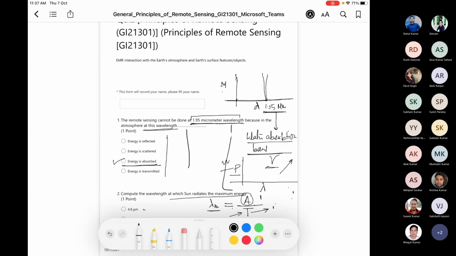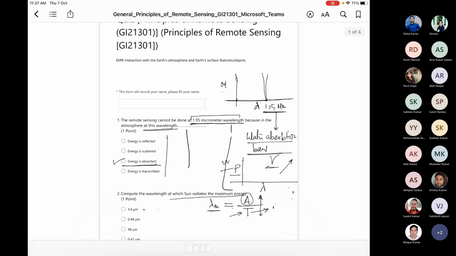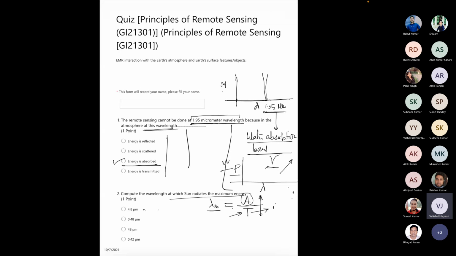If you place these two values in this formula, what value do you get? 0.483 micrometer. Yes, correct. So 0.48 micrometer is the correct option.